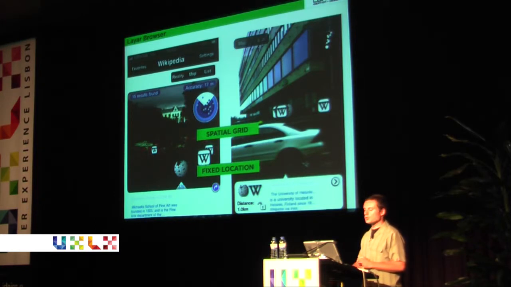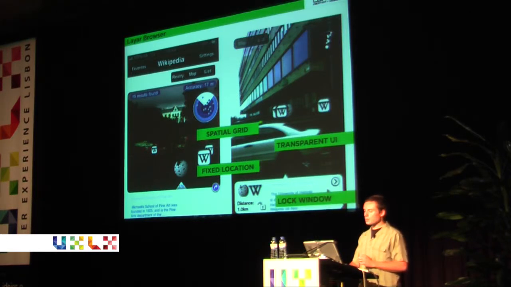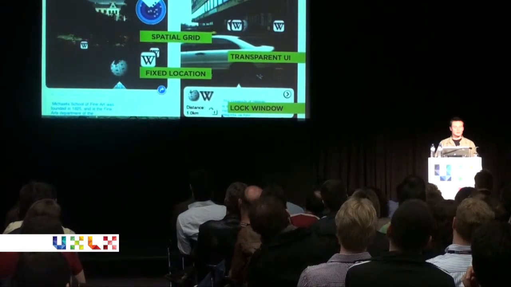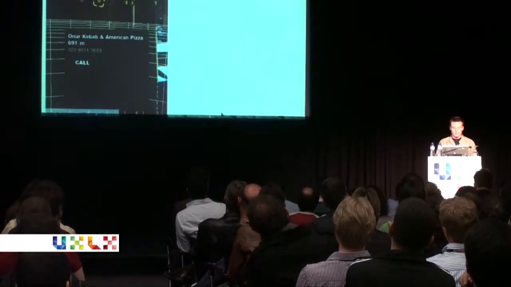But it's essentially a grid that shows you how far away things are, and they scale the icons based on how far away things are. They've really made all their user interface transparent. So now from version 2 to version 3, you can see how much of the display is actually your world view. And they have the option to lock a certain display, so as you move around, what you're looking at doesn't go away. So that's pretty useful.